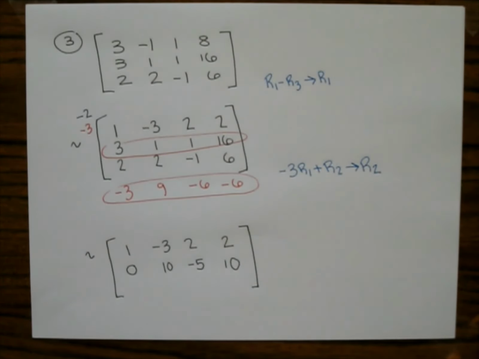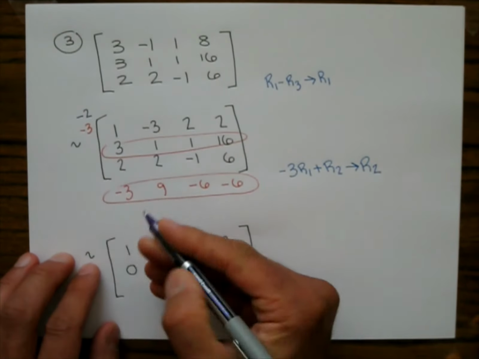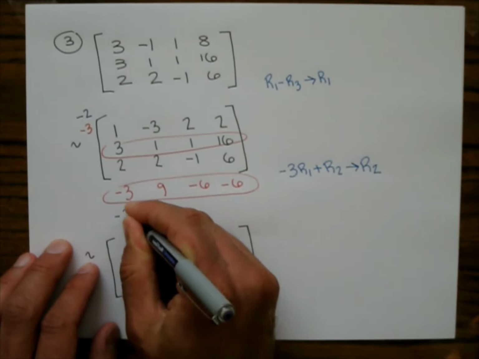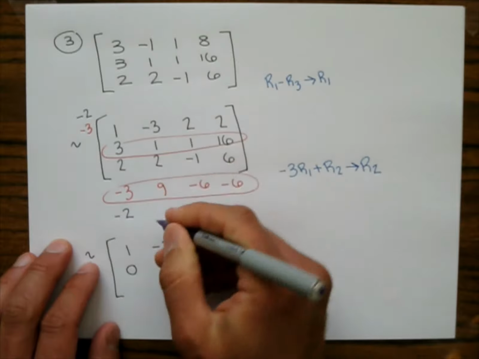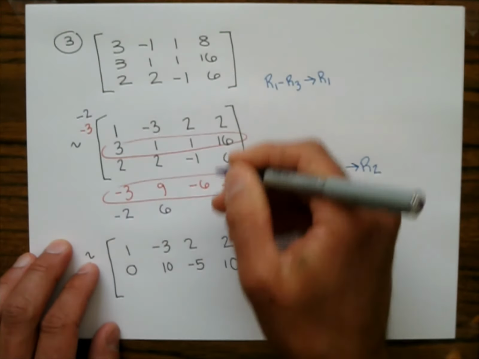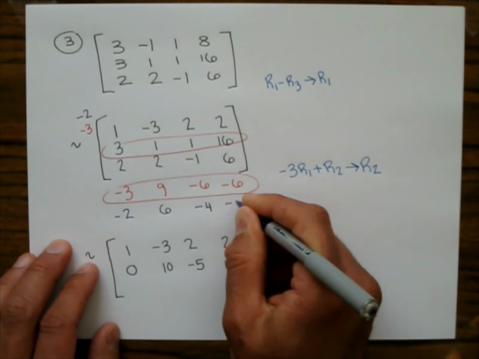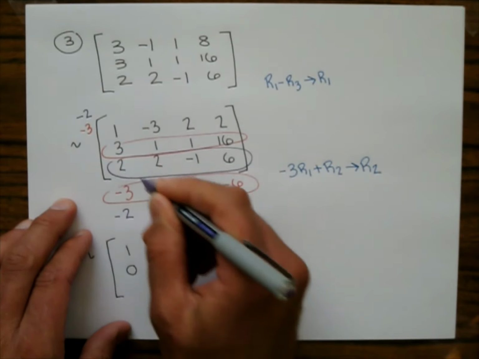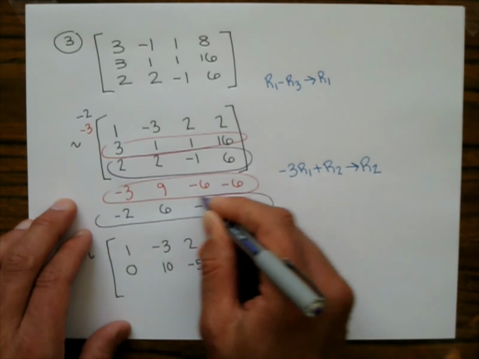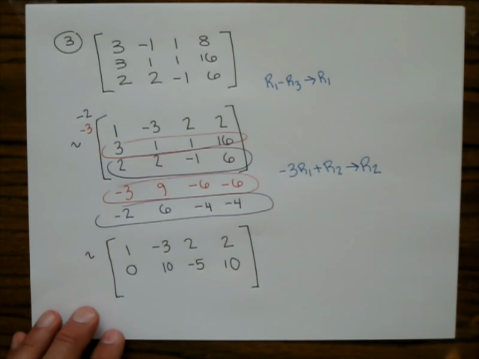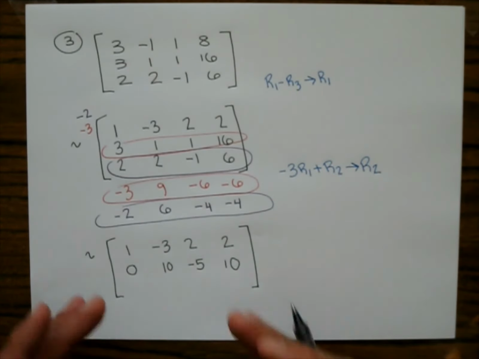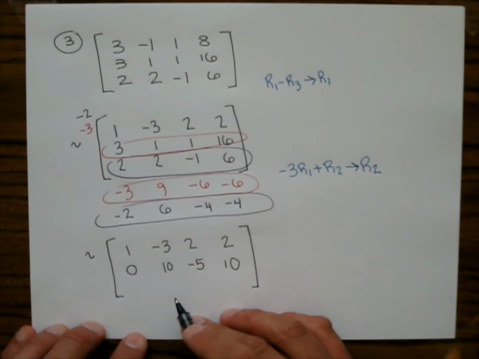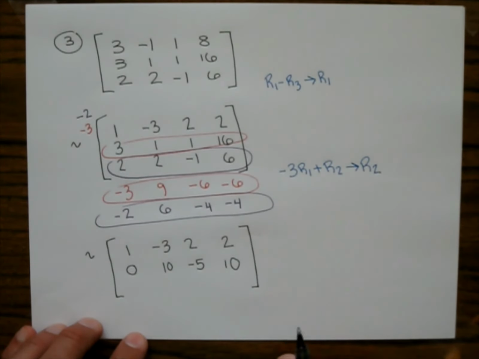Okay, so I'm multiplying row 1 by negative 2, and I end up getting negative 2. Negative 2 times negative 3 is 6. And then I have -4, -4. So you can see that it's pretty simple to make an arithmetic mistake, and if you make one pretty early on, it's going to propagate through your matrix, and it will be bad.